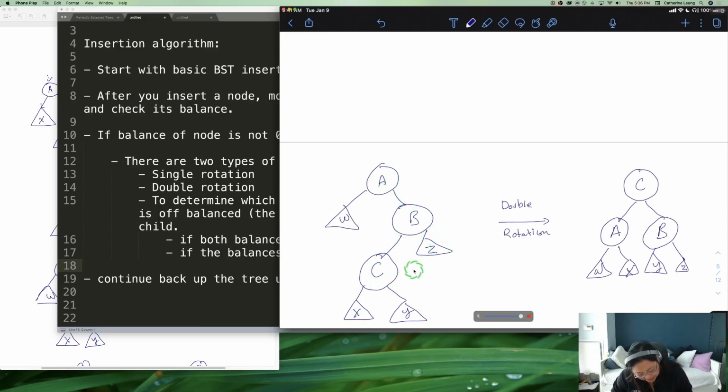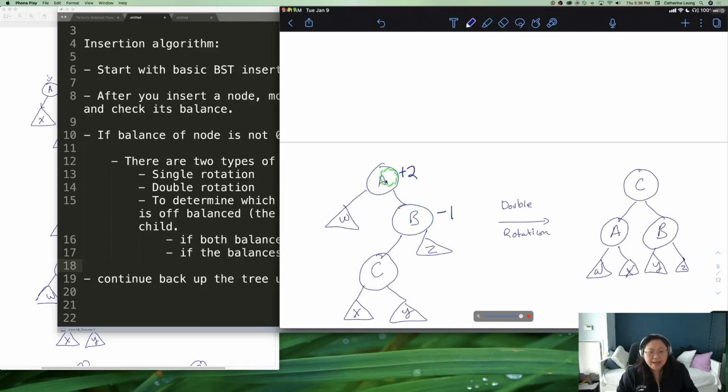So this value must be +2. And down here at B, the balance is -1. So this indicates that I have to use a double rotation.